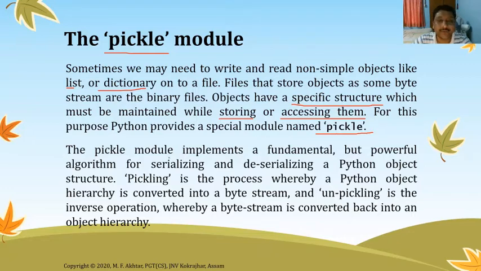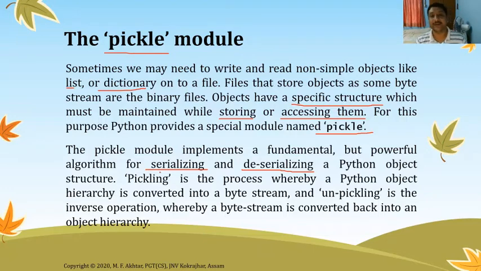The pickle module, what is this? The pickle module implements a fundamental but powerful algorithm for serializing and deserializing a Python object structure. Serializing means that whatever data is stored in memory, temporary memory, RAM, when these data are stored in RAM or the working memory, this step is known as serializing.